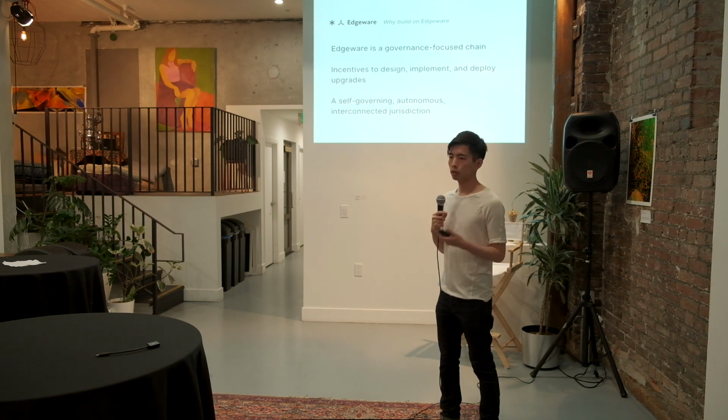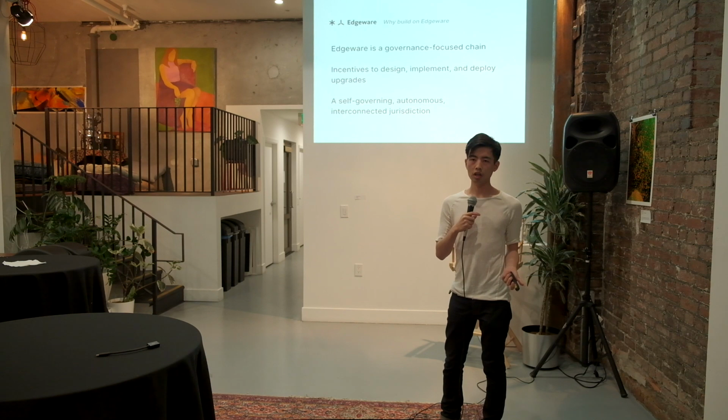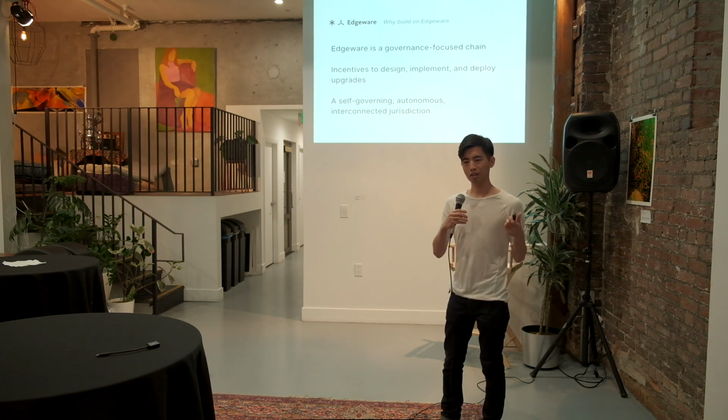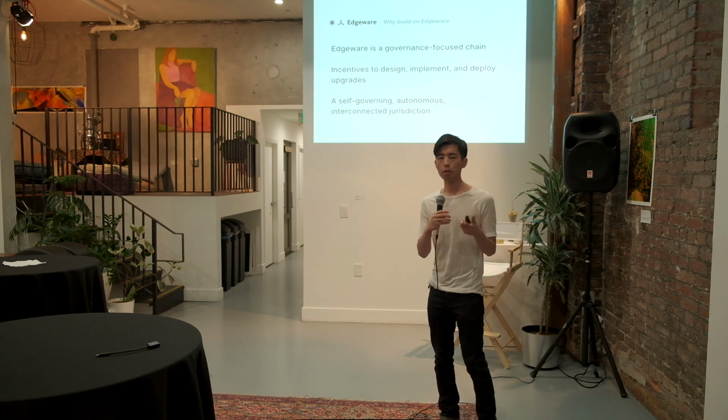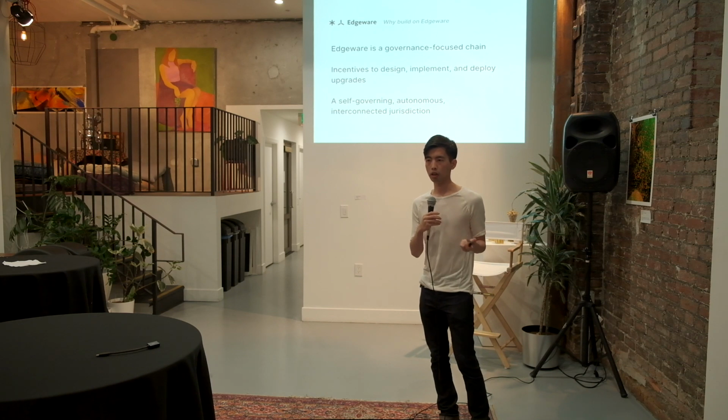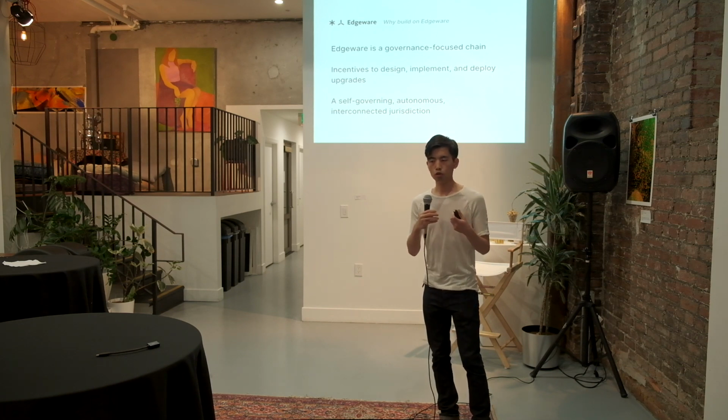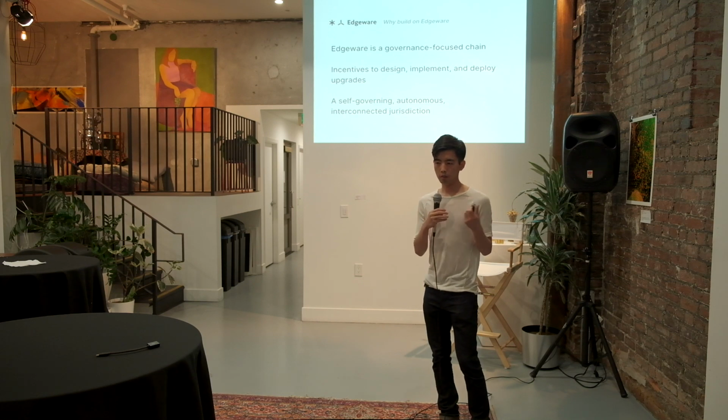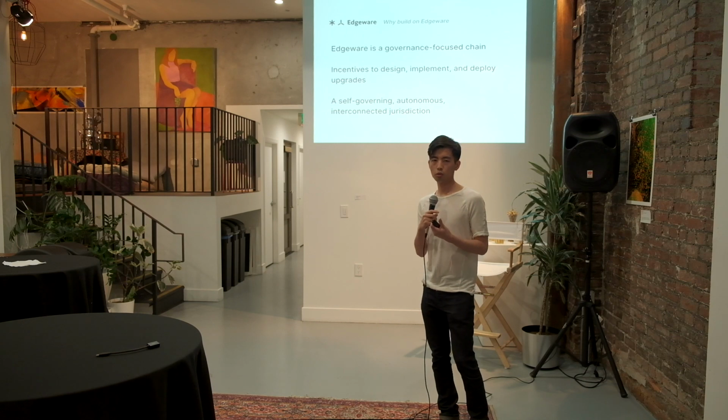Longer term, Edgeware is going to be this governance-focused chain, so it is up to the token holders and stakeholders, all the people who locked up ETH in order to get on the Edgeware network, to do a really great job of governing it. We are, as Commonwealth Labs, going to participate in the governance of the chain, but it is really decentralized.